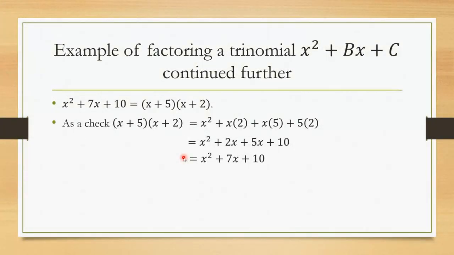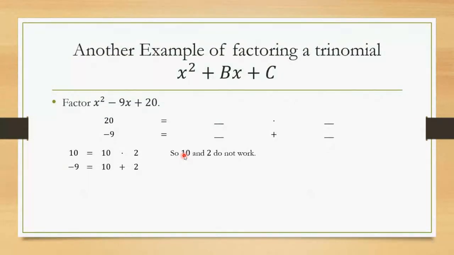That's one example. Let's look at another one. Let's say now we have x squared minus 9x plus 20. Again, same idea. We have a trinomial. In this case, b is a negative number, which is what subtraction tells us, but that's okay.